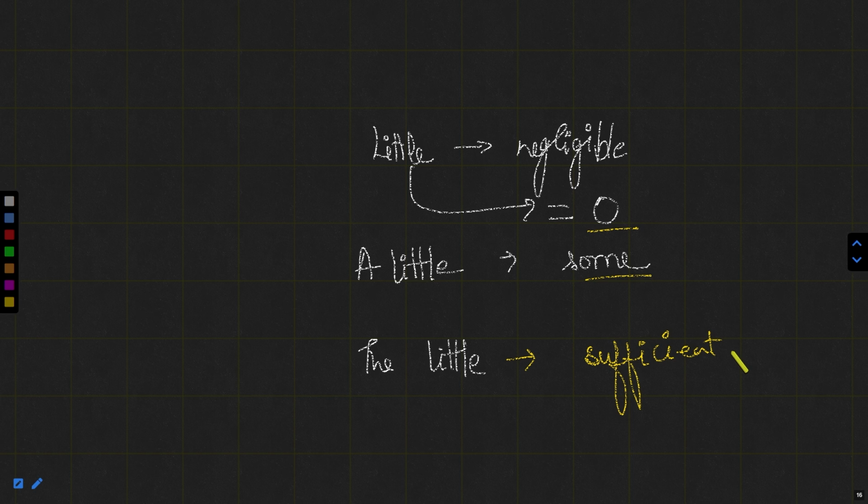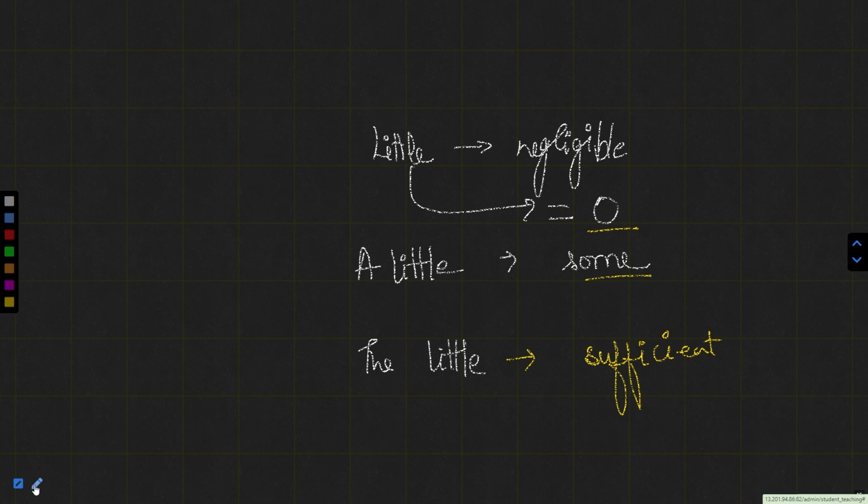So that means some. But if he gets only one bite, which is just like an instigator for his hunger, but not satisfying him in any manner, that will be little. For example, a drop of water for a person who is very thirsty will be of no use. So that means little.